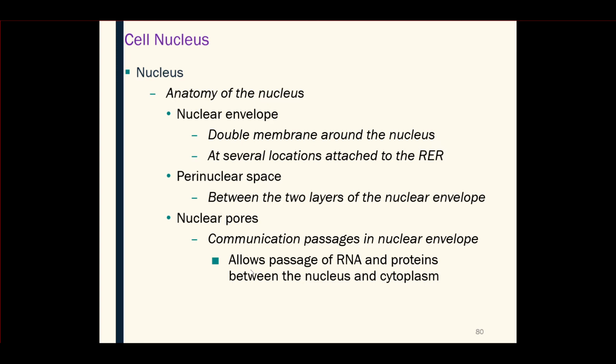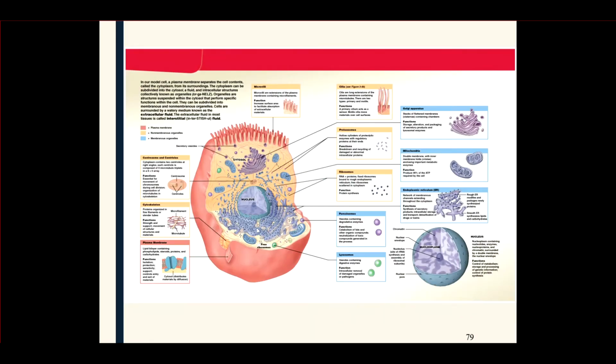This is not just one membrane, it's actually a double membrane, and it's attached to the rough endoplasmic reticulum at several locations. If you remember from this picture, these folded membranes with the ribosomes on them were the rough ER. That rough ER and the nuclear envelope in certain locations are attached to one another.